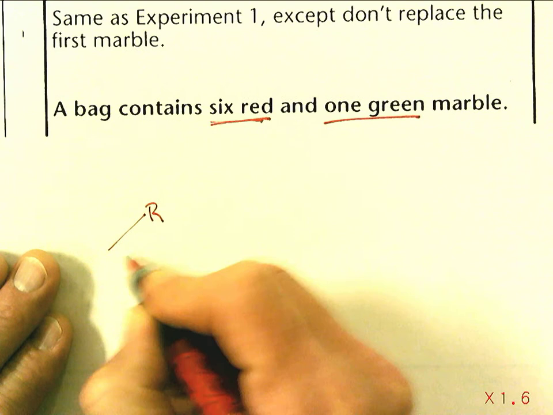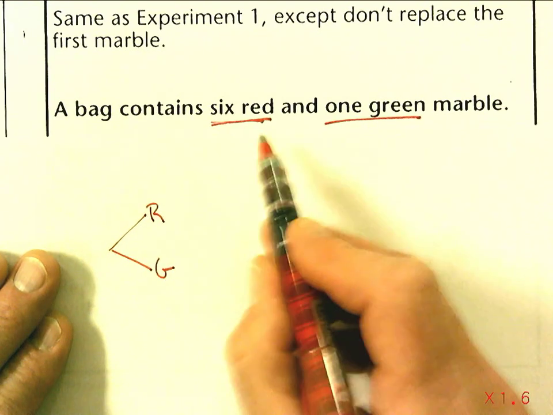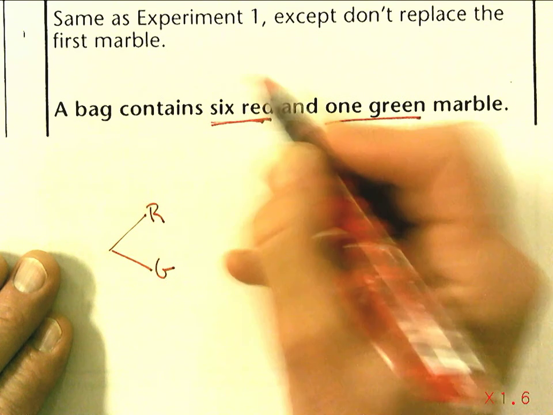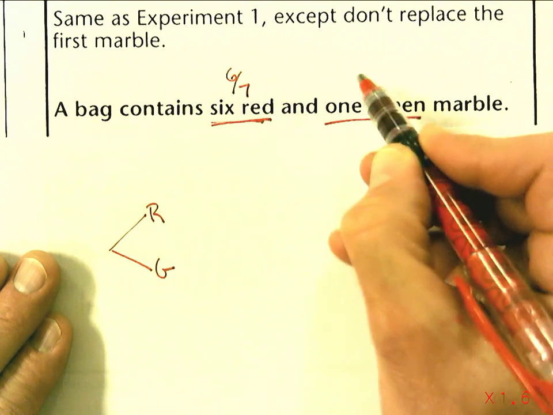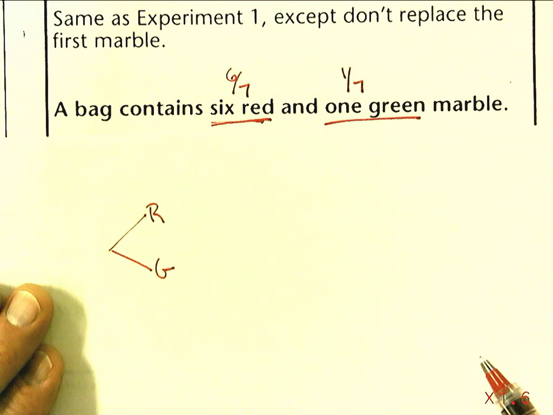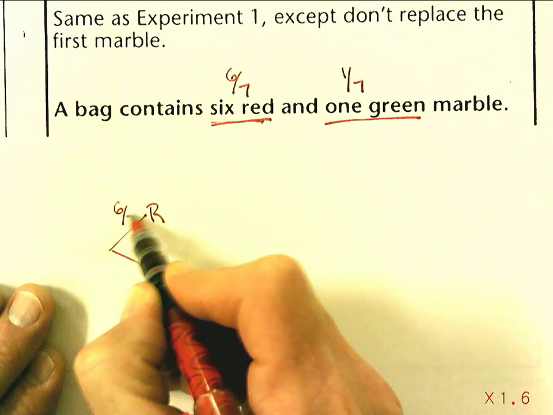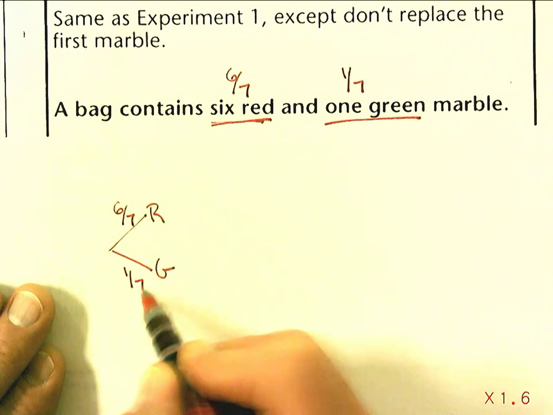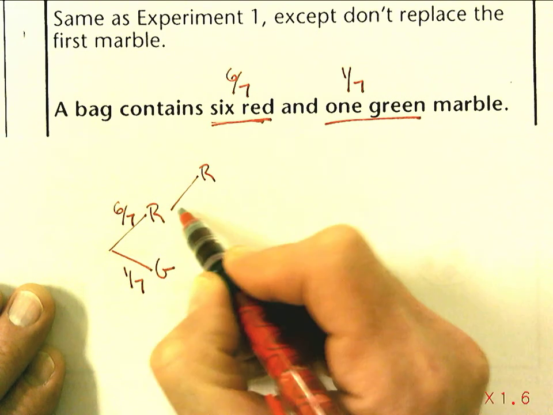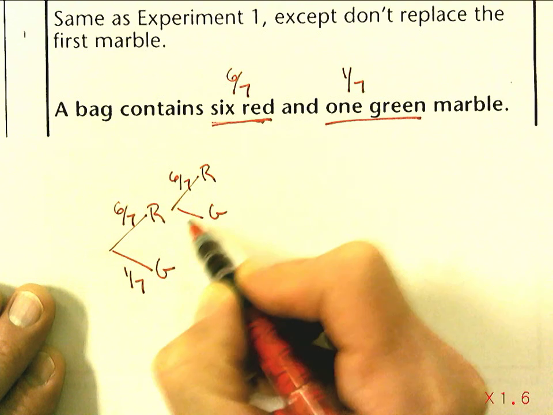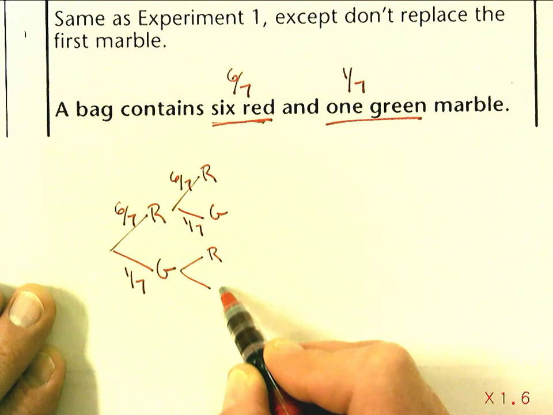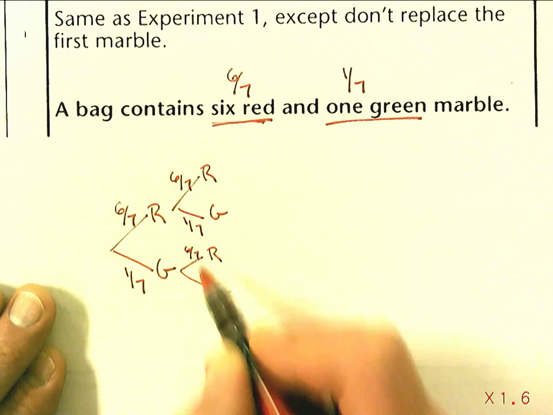So we have 7 marbles in the bag, and 6 of them are red: 6 out of 7 red and 1 out of 7 green. So we have 6/7 and 1/7 on the first draw. And if we replace it, we put it back in, then we still have 6/7 and 1/7 for red and green.